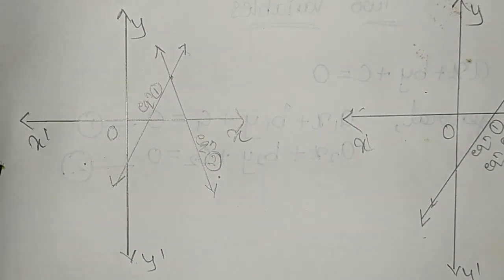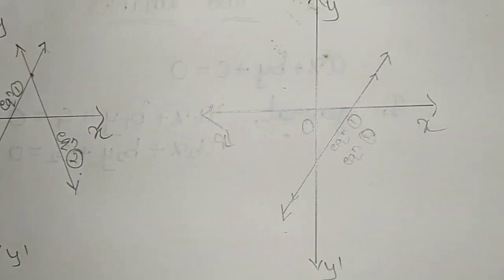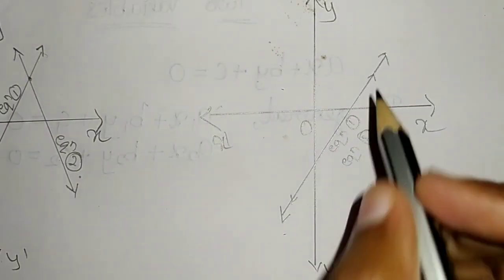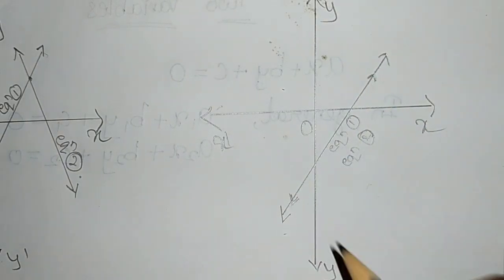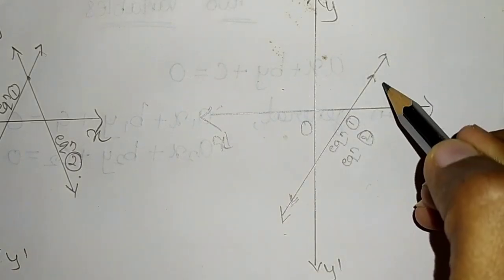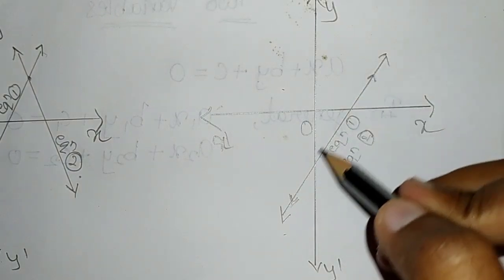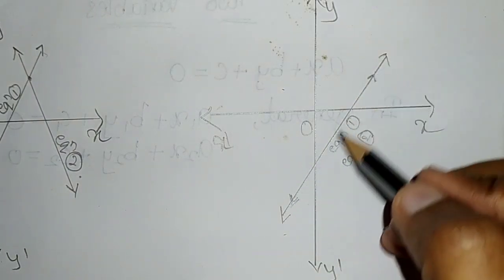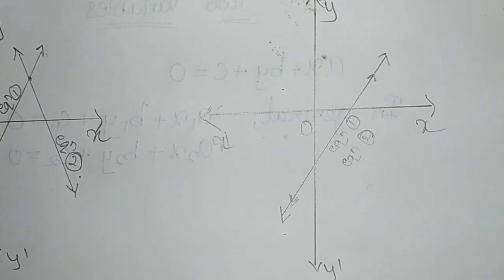Sometimes you'll get a plot like this, where the lines of both the equations coincide perfectly, or lie on top of each other. You can see here the bigger line is for one equation and the smaller line which lies on top of that line, which coincides perfectly, is the line of the second equation.